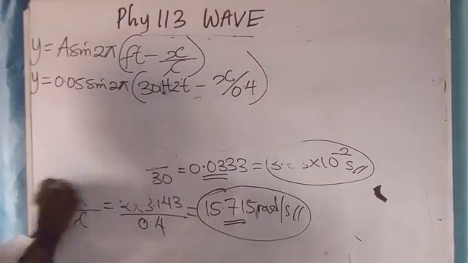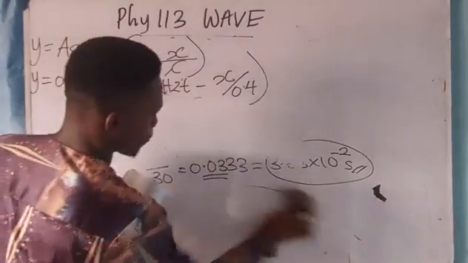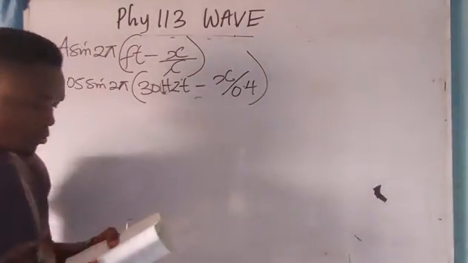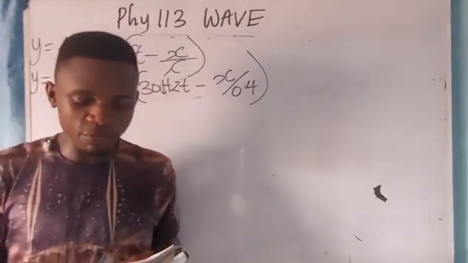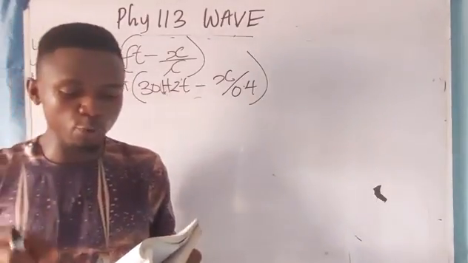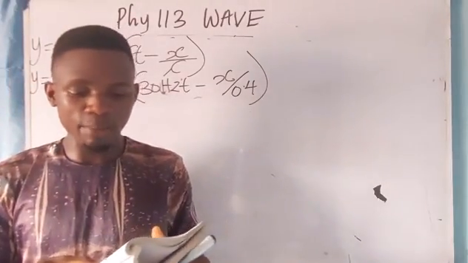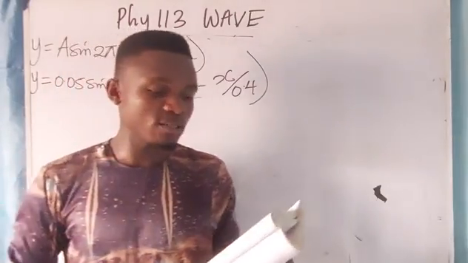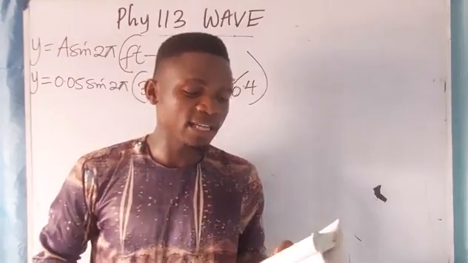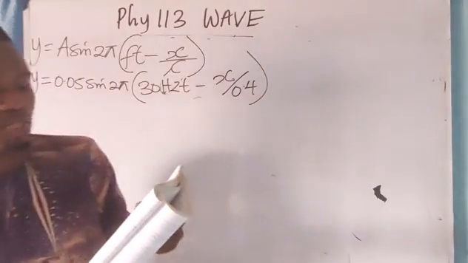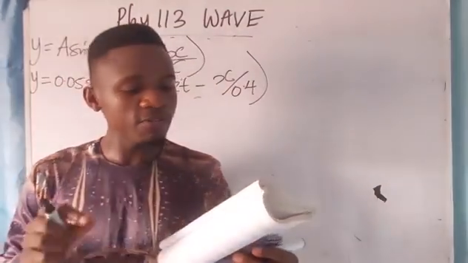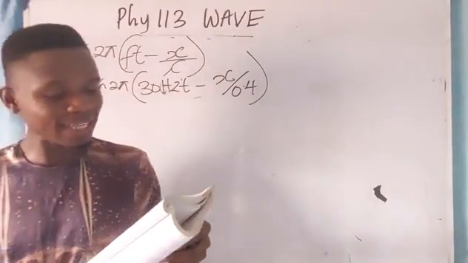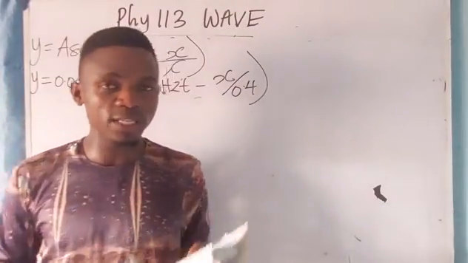Now the next one says: two wave sources separated by 2.0 meters apart vibrate in phase with frequency 200 Hz and velocity 800 meters per second. Calculate the phase difference at a point midway between them.